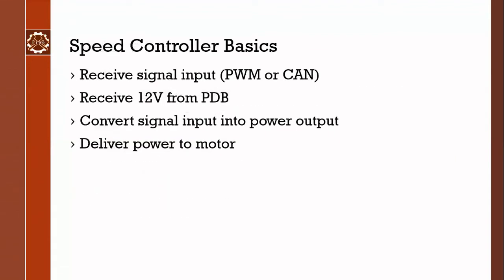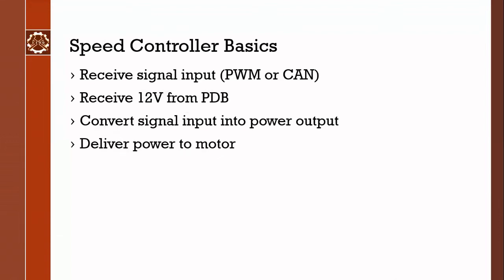Okay, so moving on to speed controller basics. A speed controller, and I'm going to explain this more on the next slide, basically controls the speed of a motor which it is linked to, and all speed controllers are linked directly into the power distribution board, which I covered.